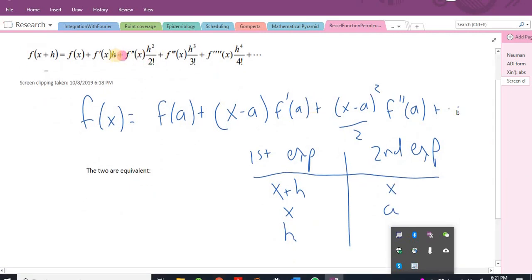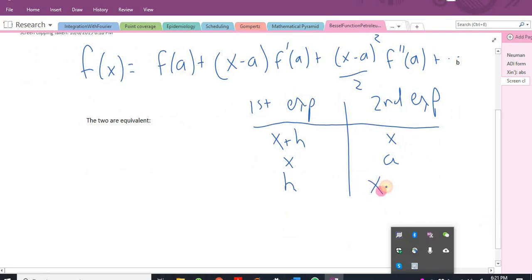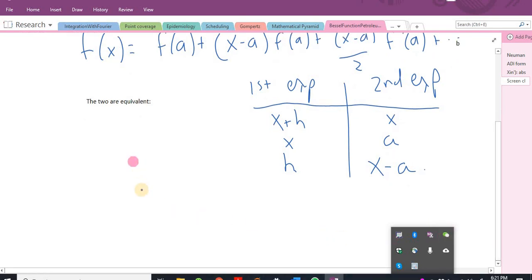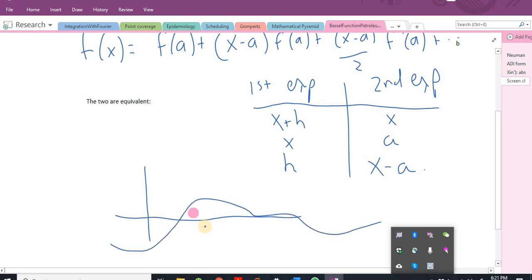Well, I was saying that if you look at this expression here, you have several terms, and you have powers. Here you have powers of h, and here you have powers of x minus a. But the point is, if I want to draw a picture, suppose I have a function that looks like this, and suppose this is the point where I'm evaluating the derivatives.